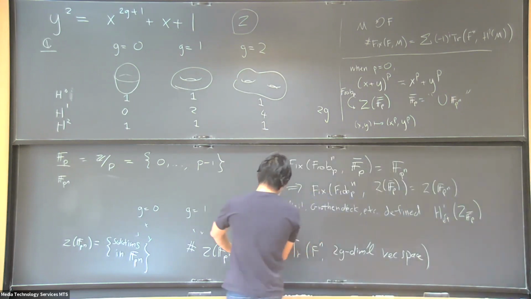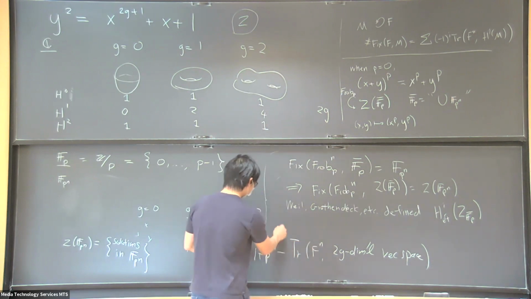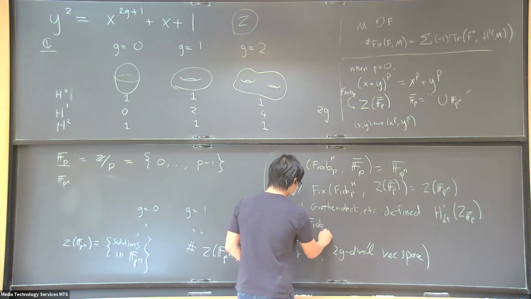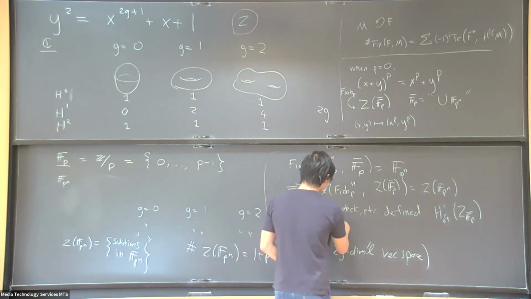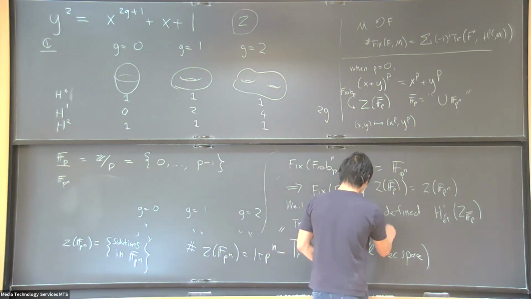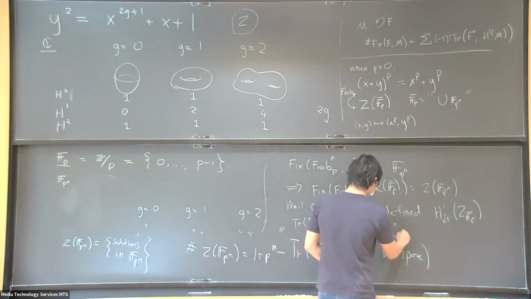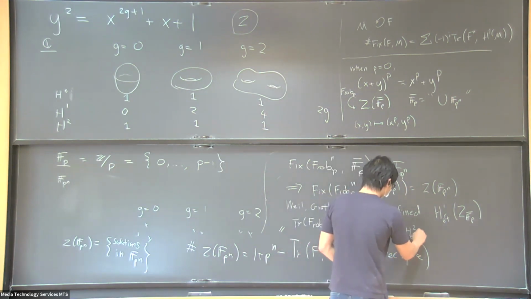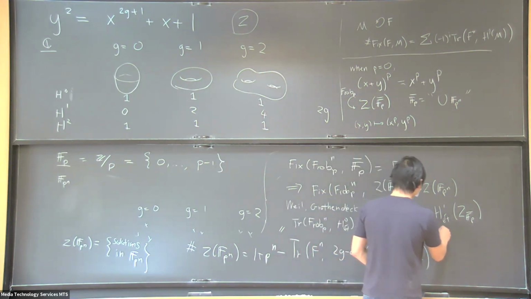So that this 1 plus p to the n minus this trace really becomes the trace of Frobenius on H0 plus the trace of Frobenius on H2 minus the trace of Frobenius on H1.